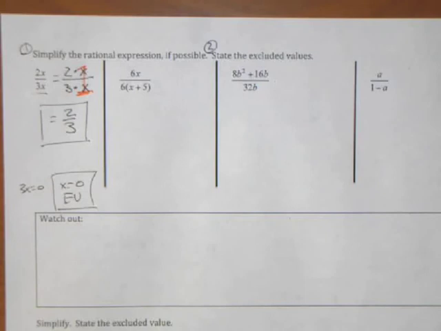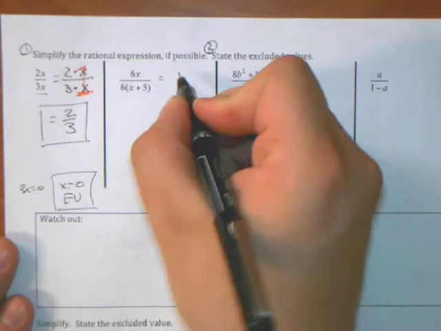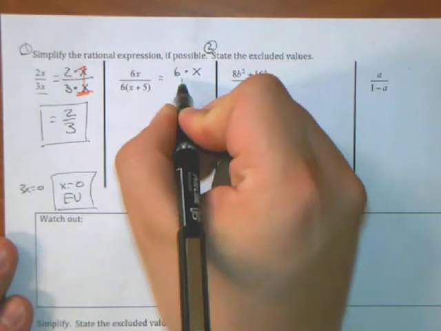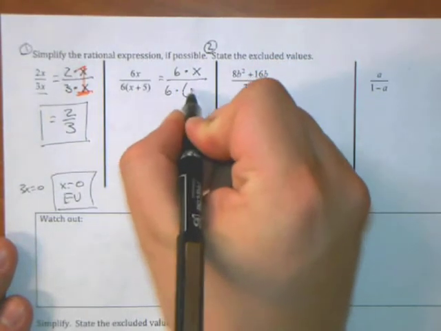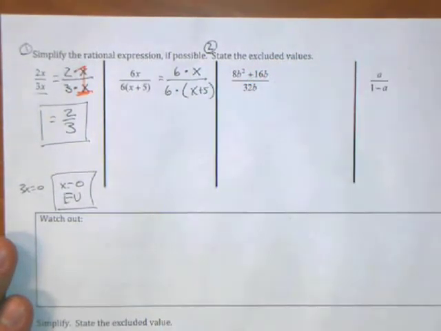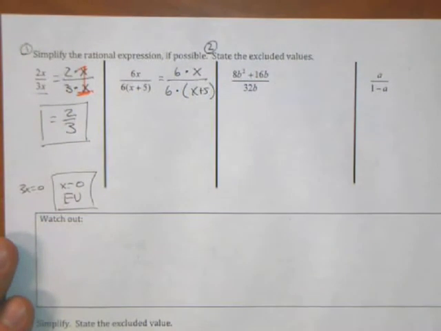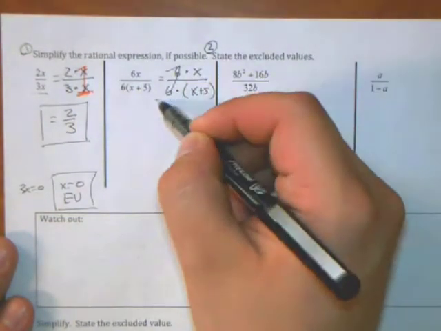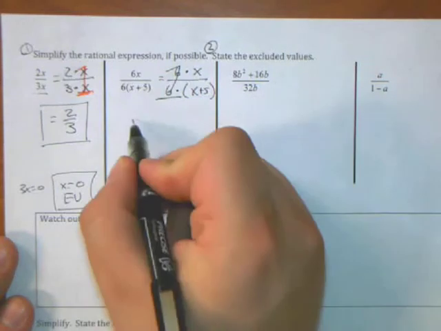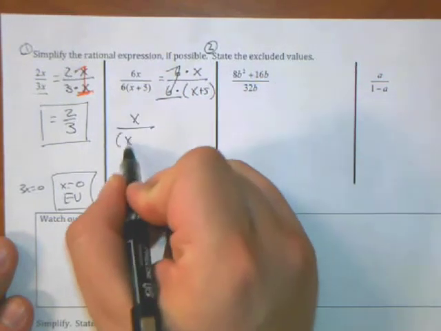Okay. This second one, let's see, 6 times x. This is 6 times x plus 5. What factors are in common here? The 6's. So what's left over is an x and an x plus 5.